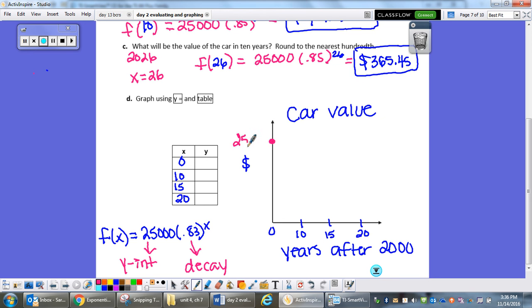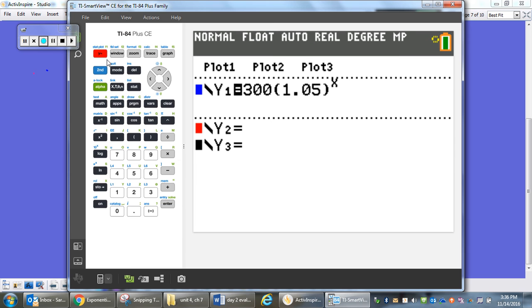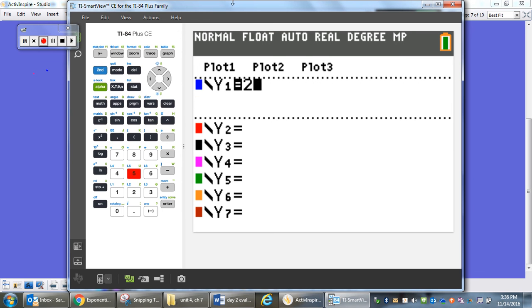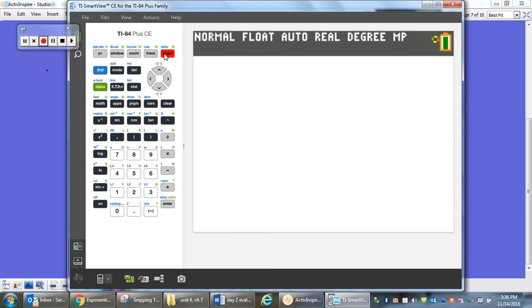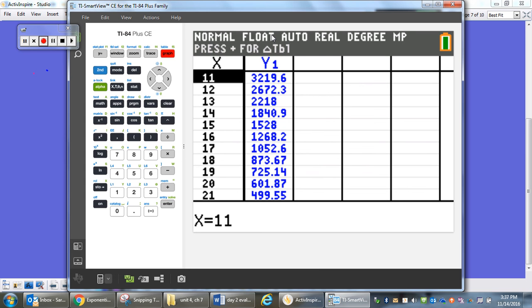So I'll be looking to make sure you graph your y-intercept correctly and then just show that it's a decay. And if you did your y equals on your graph to get your table, you have to clear out this one and put 25,000 times 0.83 to the x power. And then you hit second table or second graph, and you can see all your values.